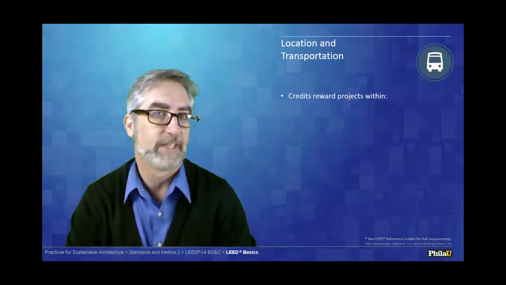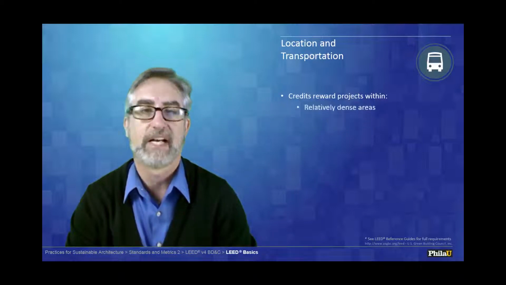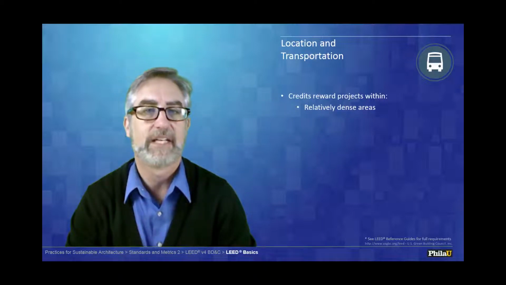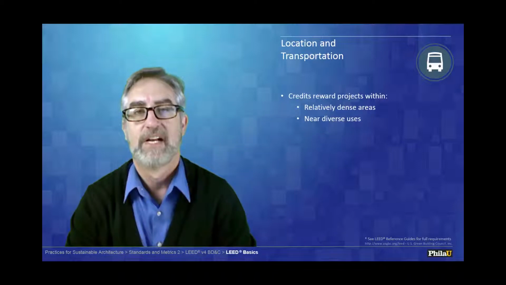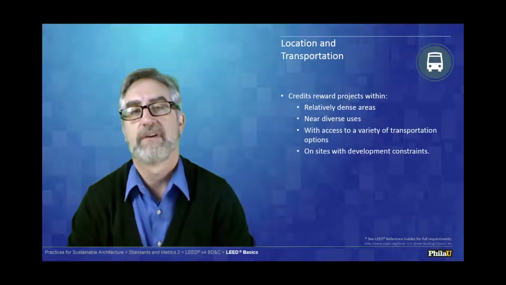I'm going to take you through the different categories, and first there is location and transportation. Later in future videos I'll be going through each credit one by one within these, but right now we're just looking at the general overview of how these categories are organized. And it's clear LEED would like us to build in dense areas, near diverse uses, near transportation, and certainly within development constraints.